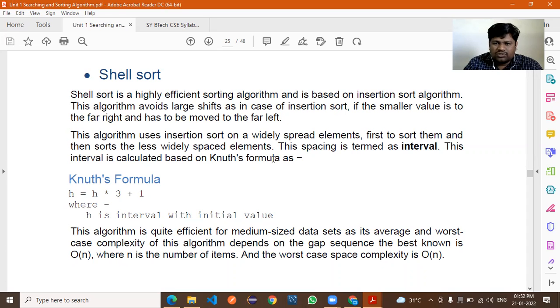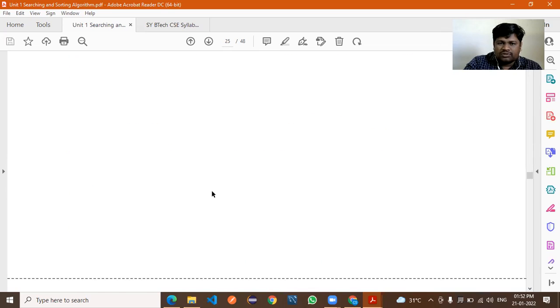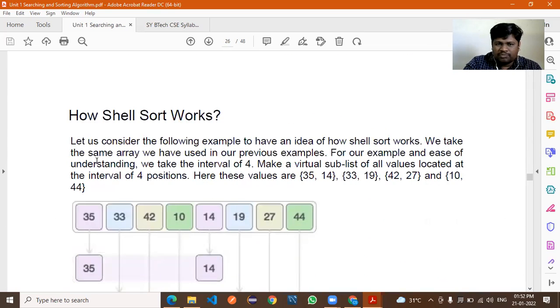So this algorithm uses the insertion sort, which we have already discussed. First sort them, and after that sort the rest. Here we are using the concept of the Knuth formula. We'll see by considering an example how it is used.